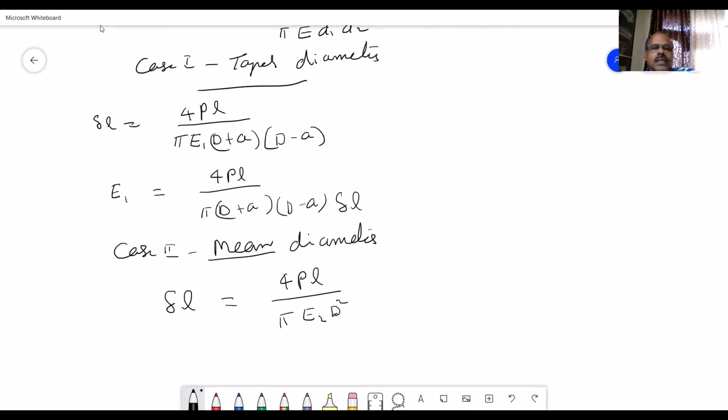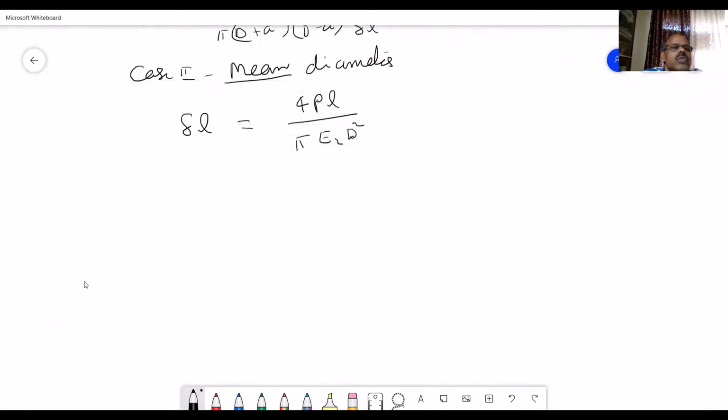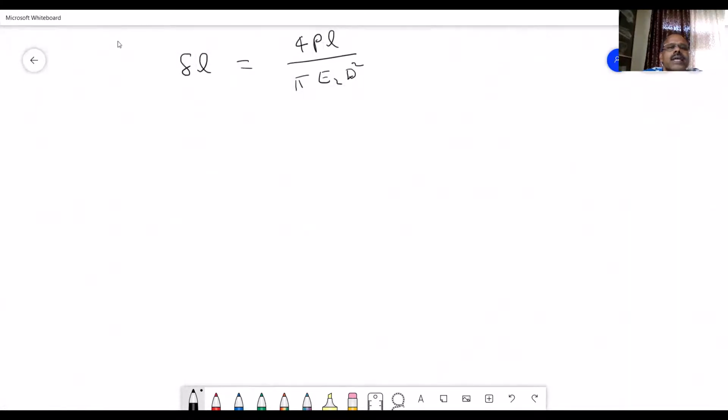Our mean diameter is capital D. So from here, when we take E2 to the right side, E2 will be 4PL divided by pi D square delta L.